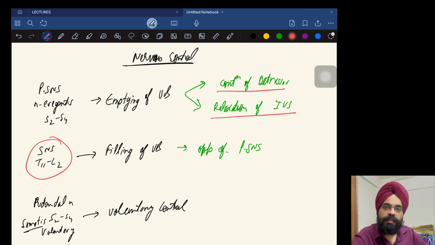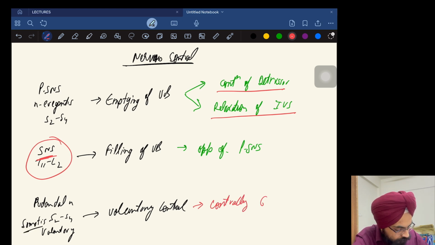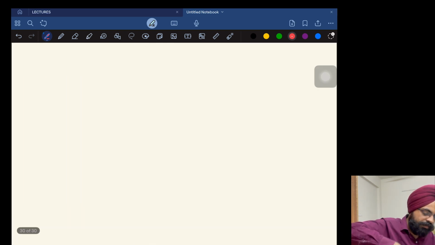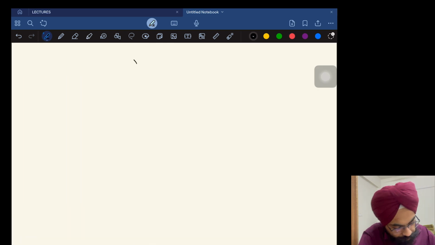So when the penis is erect, the sympathetic system is basically overpowering the parasympathetic system at that very point of time, and it causes the voluntary control of micturition. So it is basically controlling the external urethral sphincter.